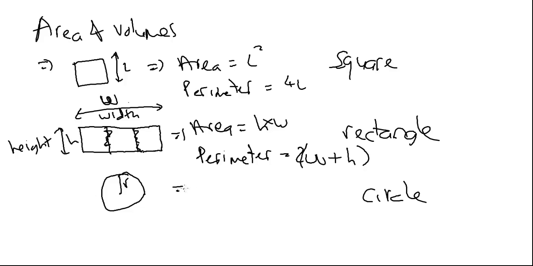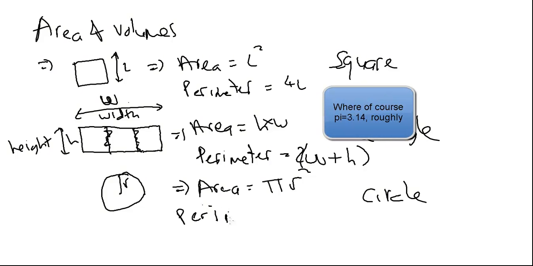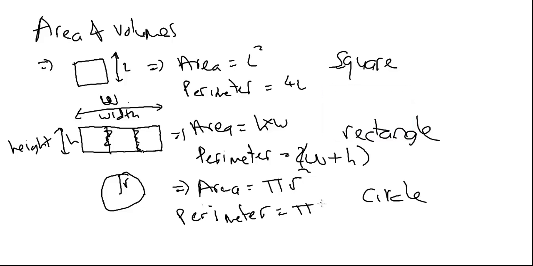So if you're given the radius, you know that the area is equal to pi r squared, and the perimeter is pi times r times 2, because it's pi times the diameter, and the diameter is twice the radius.